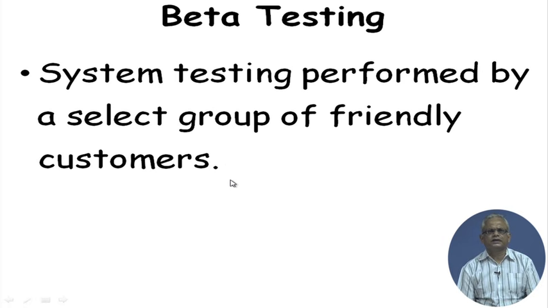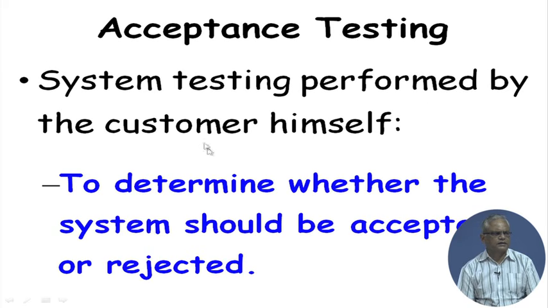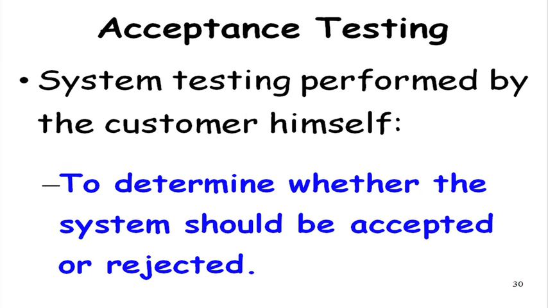Before the software is delivered to the customers, it is given to a set of friendly organizations just to test whether there are any problems. And then finally, in acceptance testing, the customer is given the software and carries out the system testing and decides whether to accept the software or reject it.